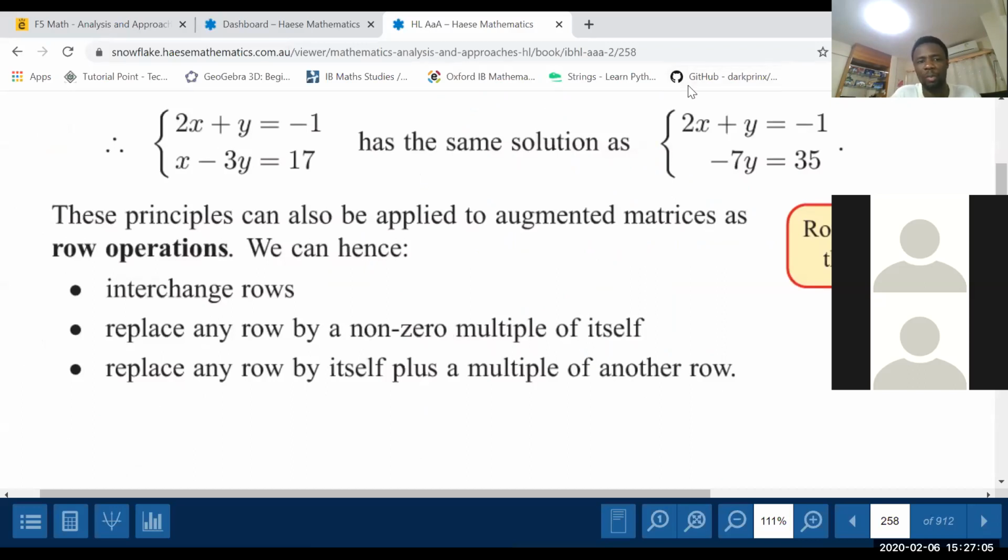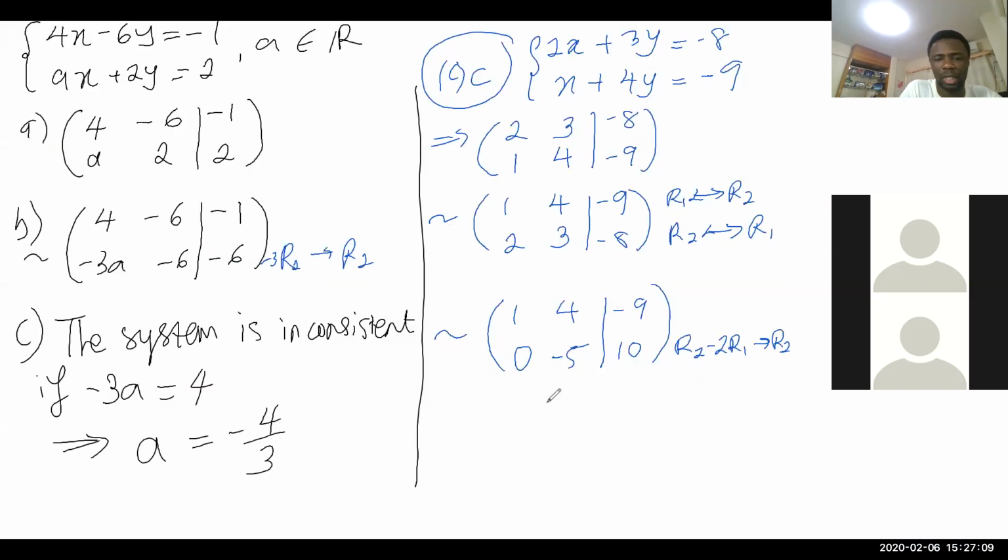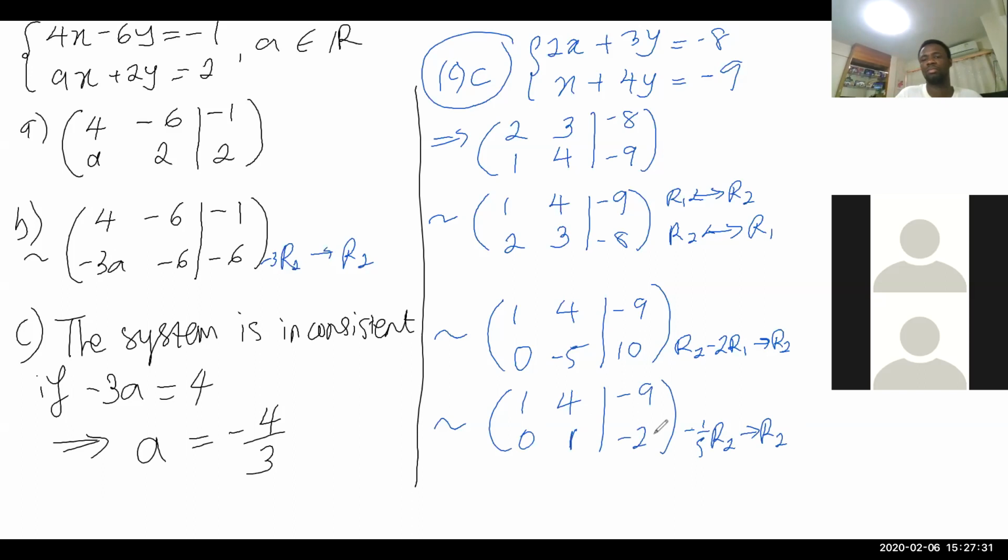So I'm applying the second operation now, leaving this the way it is. I can replace row 2 with -1/5 of itself. So this is 0, this is 1, and this is -2. Does that make sense?